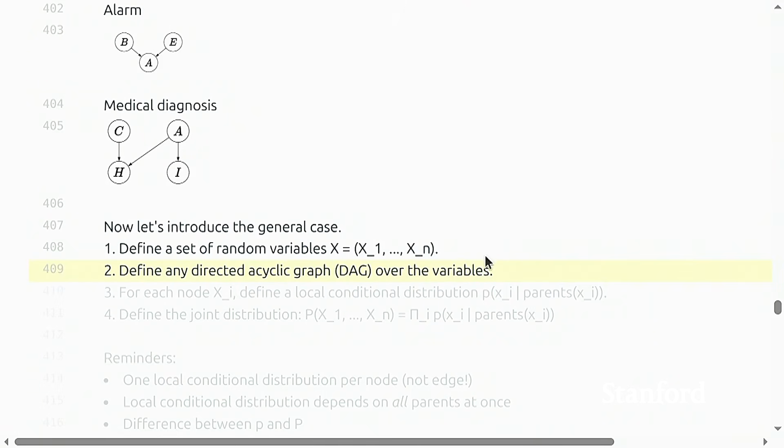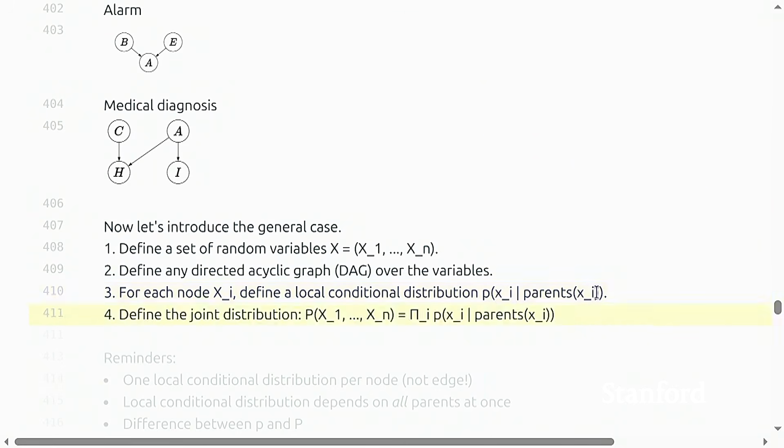So any graph, but there can't be cycles. For each node, I define a local conditional distribution, Xi given the parents of Xi, and then define the joint distribution by just multiplying all the local conditional distributions together.